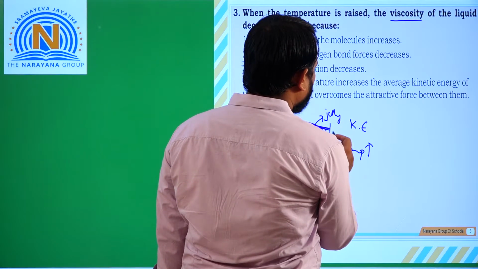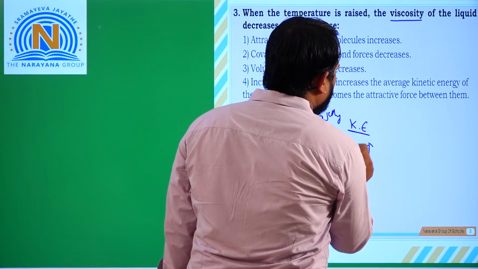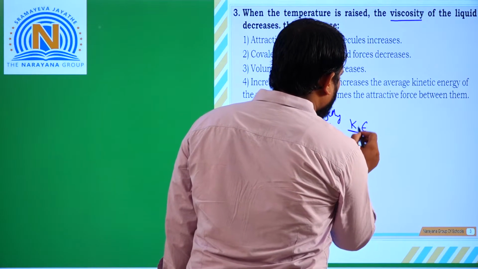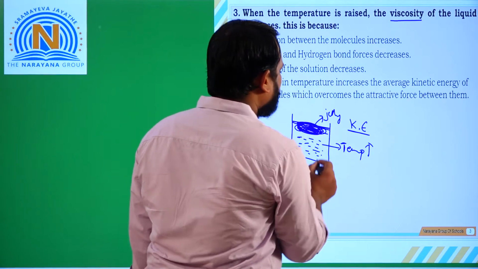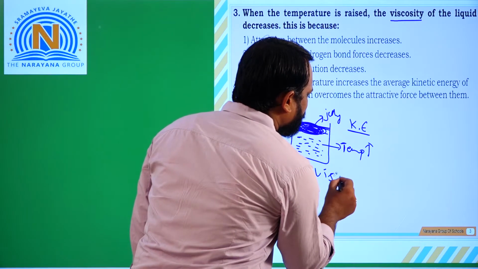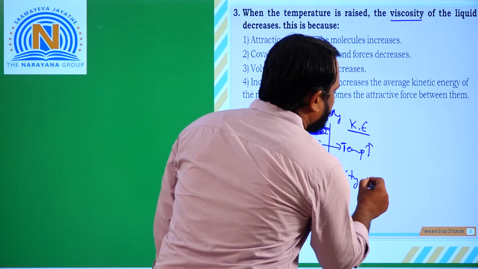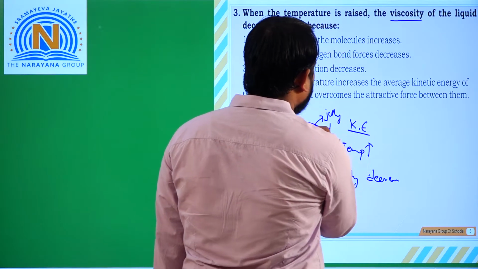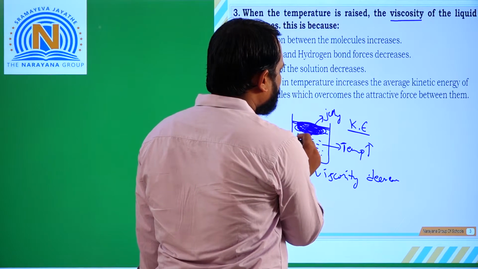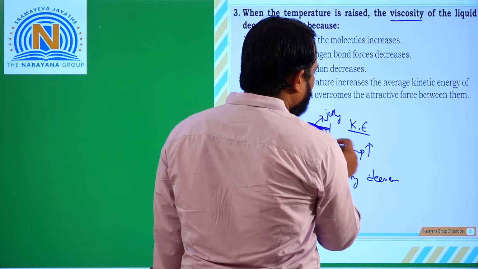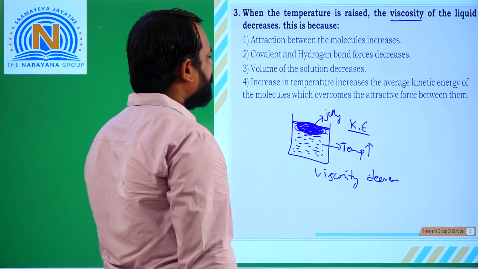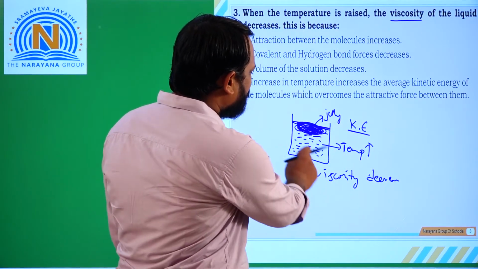Kinetic energy increases with temperature; they are directly proportional. When the kinetic energy is increased, the viscosity decreases. This thermal energy increases the kinetic energy of the particles, and this kinetic energy overcomes the attractive forces between the molecules.